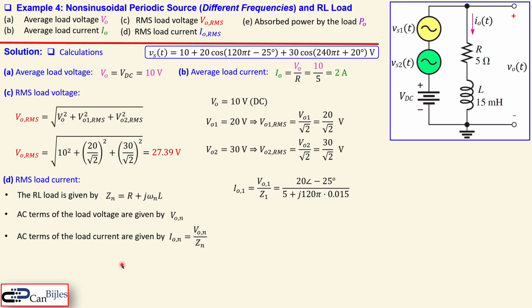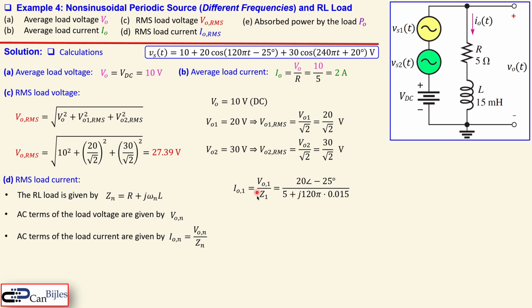Now for the first one, the load part for the current, you take the first sine wave, or cosine in this case, divided by the impedance caused by this first frequency. You see that actually, because this V01 here is 20, because that's the amplitude, and the angle is minus 25, because we have everything in a cosine form.